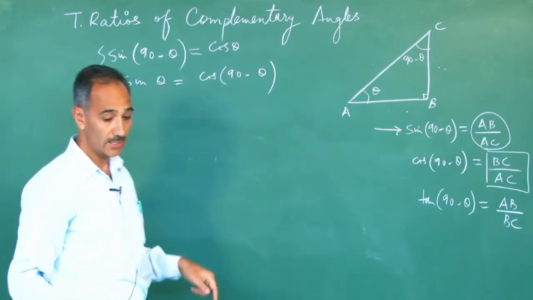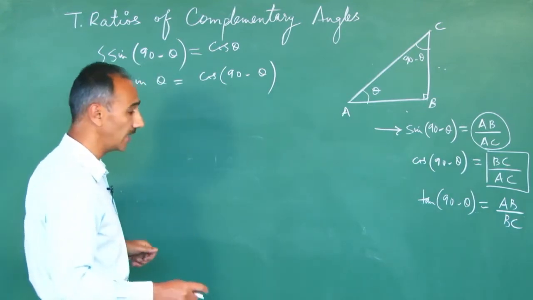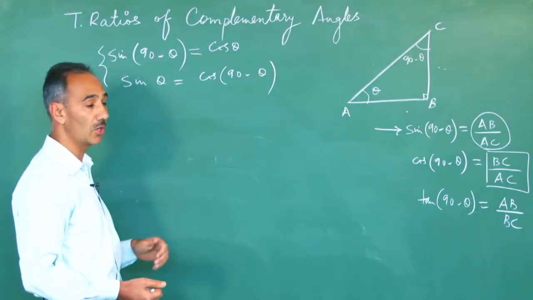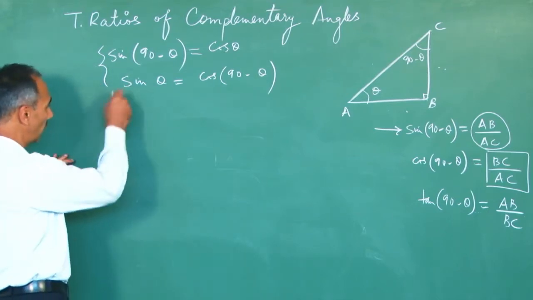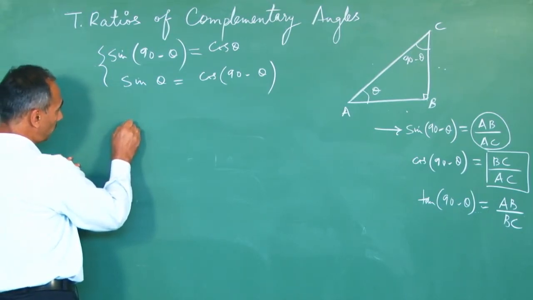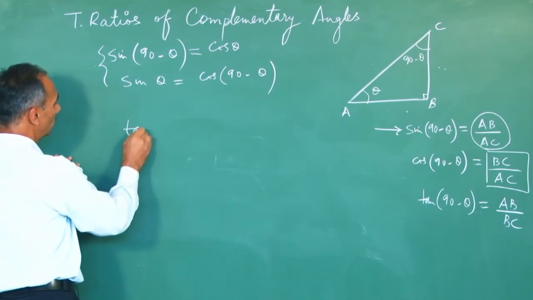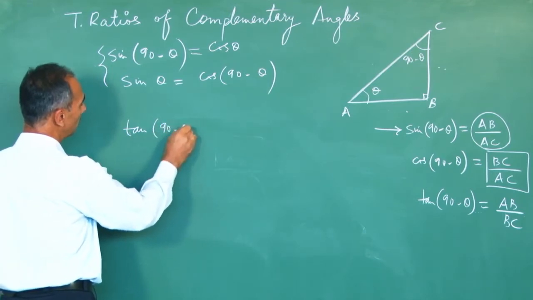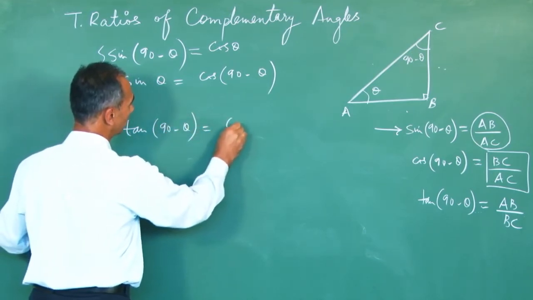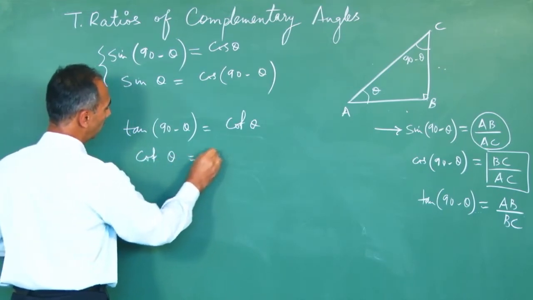If you remember the T ratios of specific angles in my previous video, we observed that sine 30 was same as cos of 60. Now, working on the same, we wrote cos, we'll move on to tan. So tan of 90 minus theta will be cot of theta, and cot theta will be tan 90 minus theta.